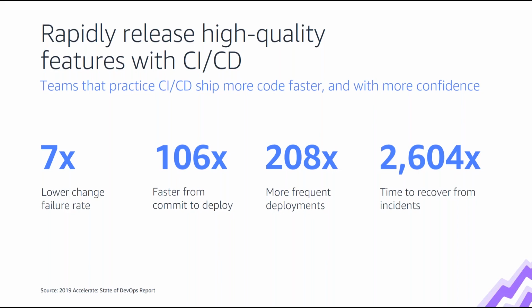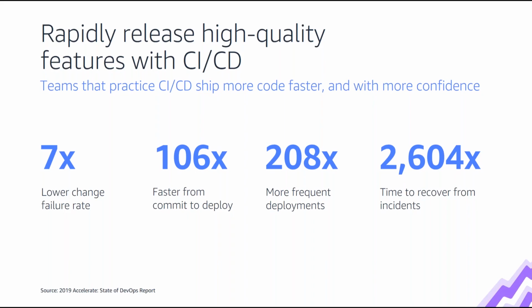This is the percentage of changes to production or releases to users that result in a degraded service and subsequently require remediation, such as a hot fix, rollback, fix forward, or even a patch. We won't read through all of these, but as you can see, companies that are practicing CI/CD gain benefits that allow them to innovate faster and release more consistently.